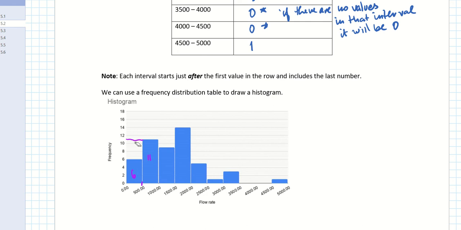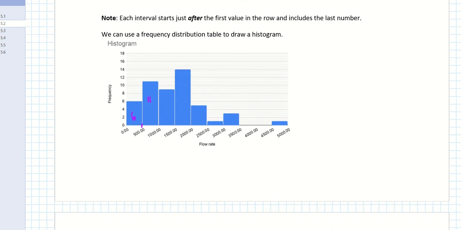So we have our bins, we have our intervals. Normally you want to include also the units, so this would be cubic meters per second here. So don't forget that.